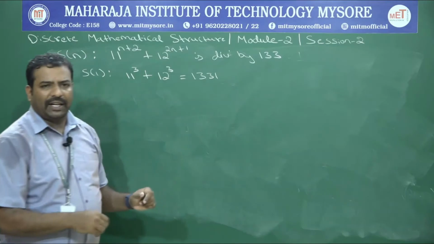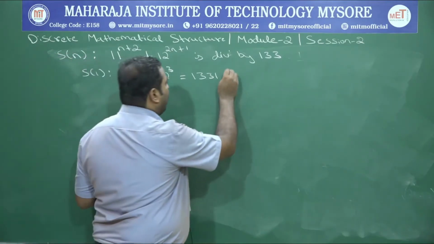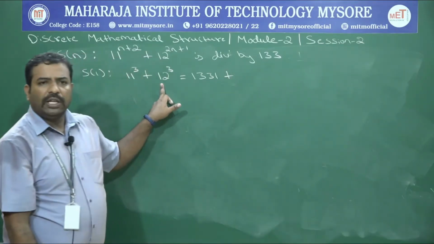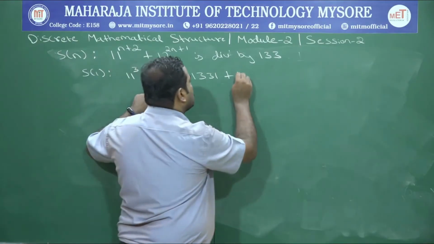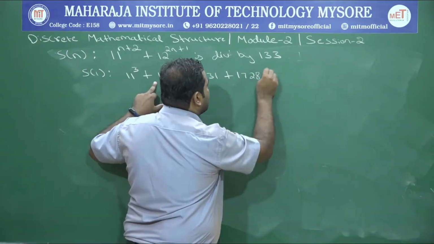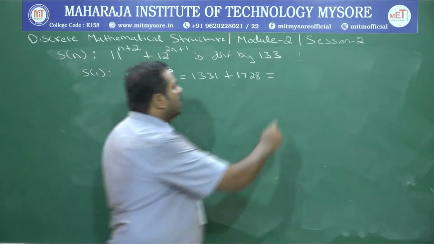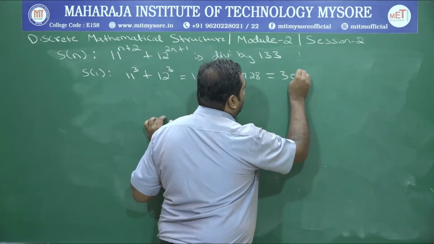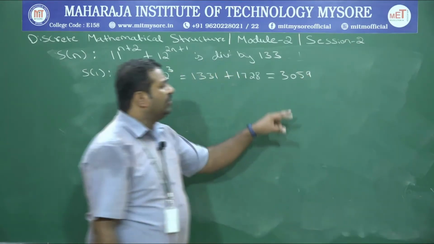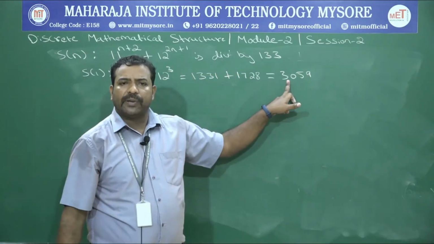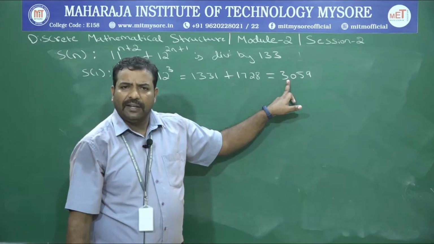So, we need to do some calculation here. It's 1331, plus 12 cube, which is 1728. If I sum this up, it is going to end with 3059. Now just check whether this is completely divisible by 133 or not.